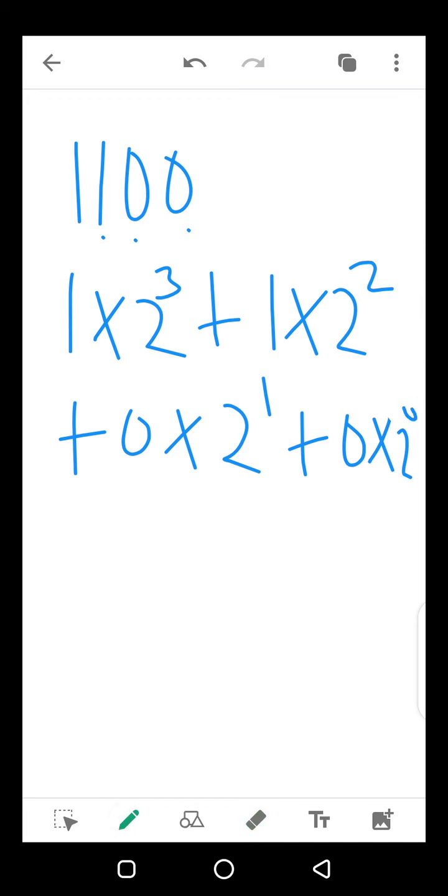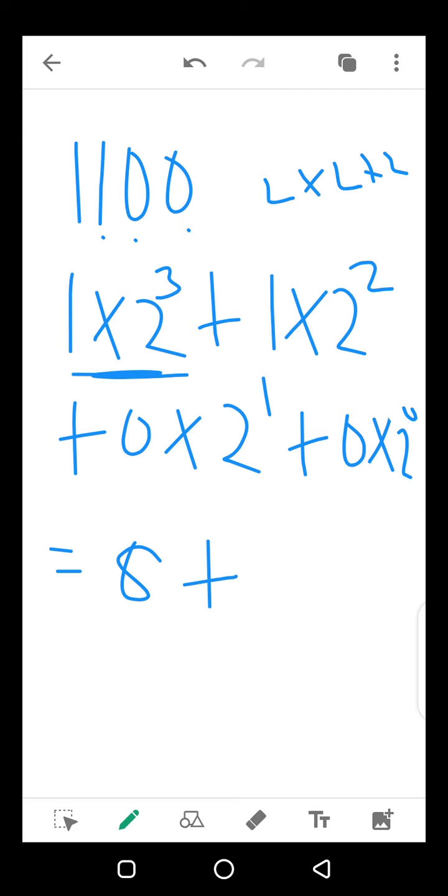Okay, so what we're going to have is 2 times 2 times 2 is 8. So 8 times 1 is 8. That's for this. 8 plus 2 raised to power 2 is 4. 4 times 1 is 4.